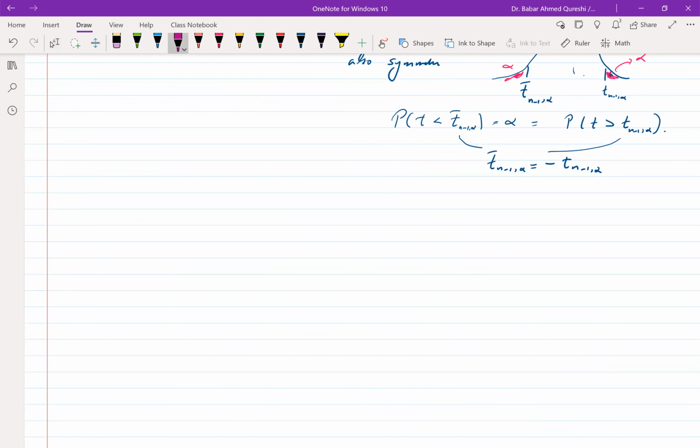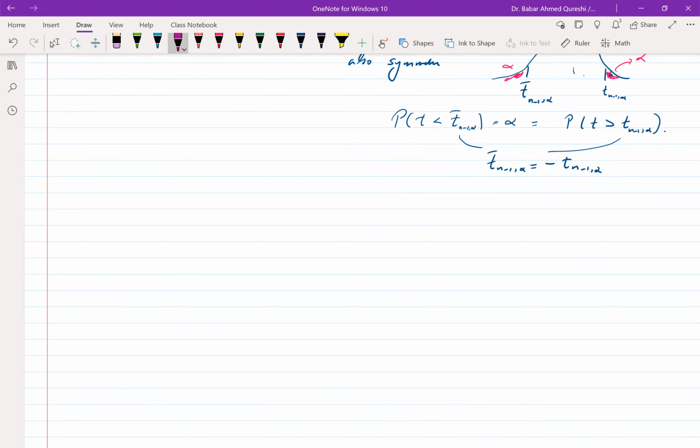Now, we can also consider the two-sided distribution.